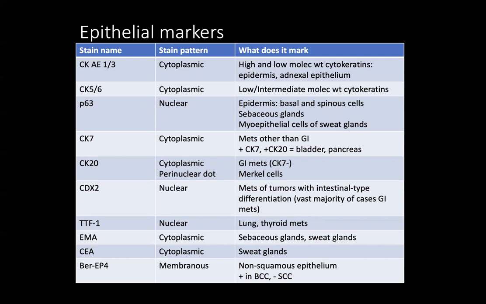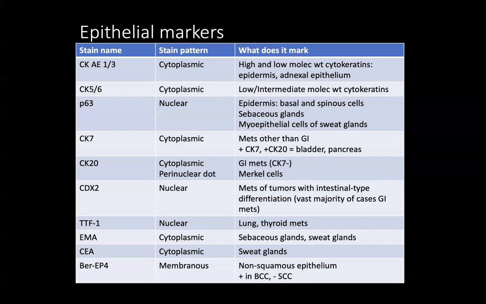AE1/AE3 is actually a mix of antibodies that can target both high and low molecular weight cytokeratins. And what this does is it stains epithelial cells of all different kinds, whether it be the epidermis, the hair follicles, the sweat glands. It really paints the whole section brown where you have anything related to epithelial cells.